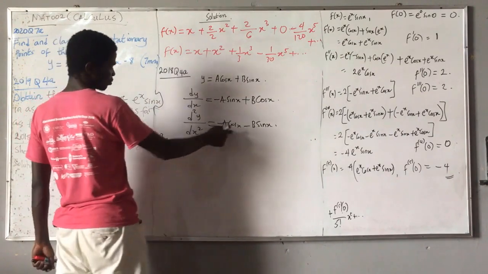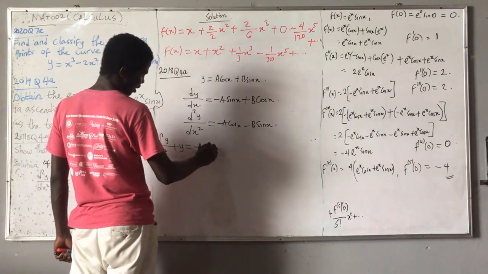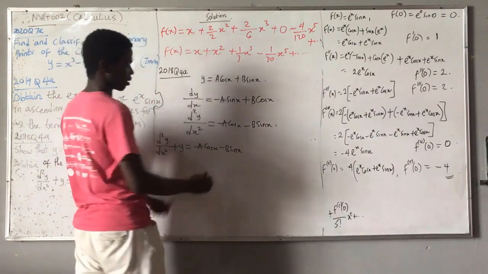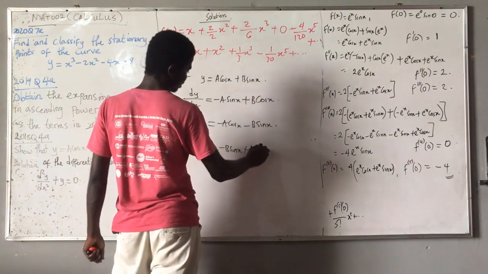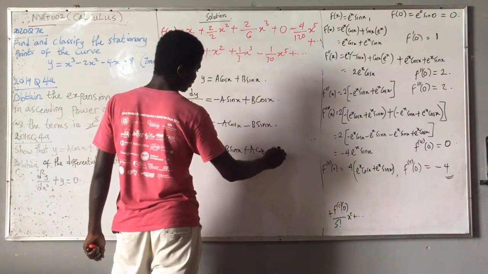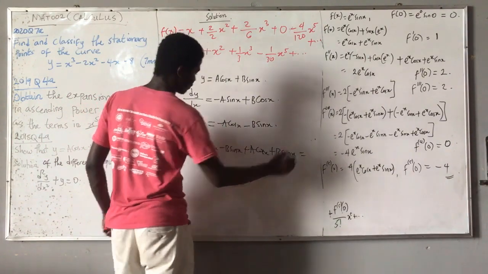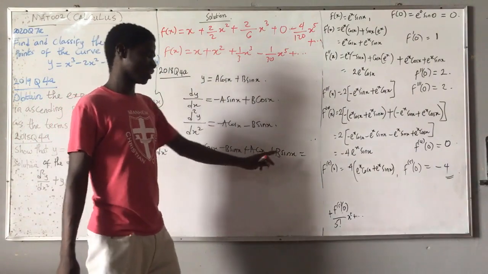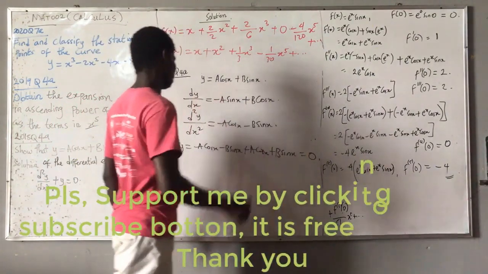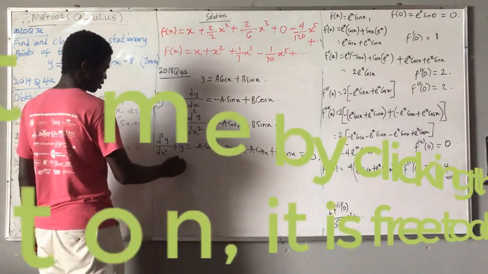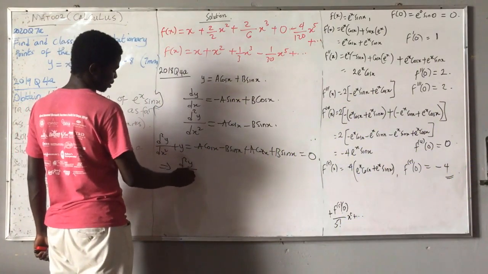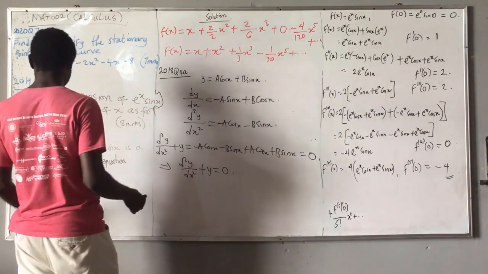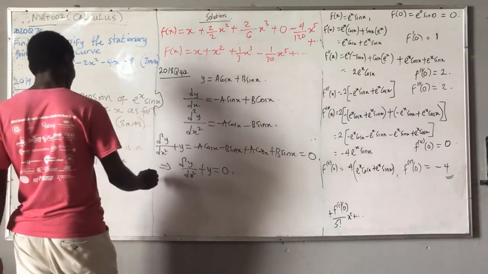The d squared y over ds squared, that is minus a cos s minus b sin s, then plus y, plus a cos s plus b sin s. Minus a cos s plus a cos s is 0. Minus b sin s plus b sin s is 0. So the answer is you see that d squared y over ds squared plus y equals 0.